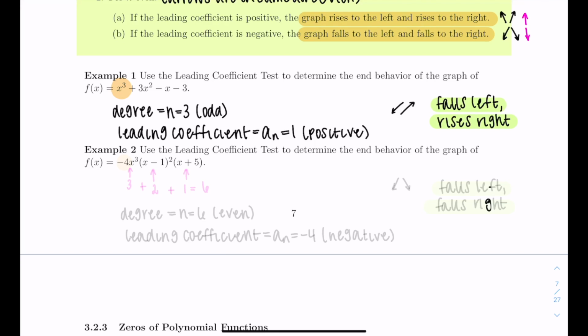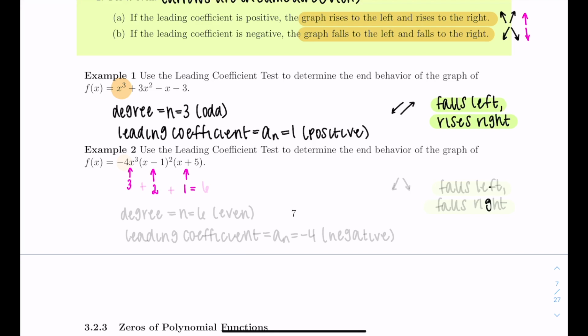Looking at this, each piece of this factored form, the degree of negative 4x cubed is 3. The degree of x minus 1 is 2. And the degree of x plus 5 is 1. We're just looking at the powers that are associated with them.